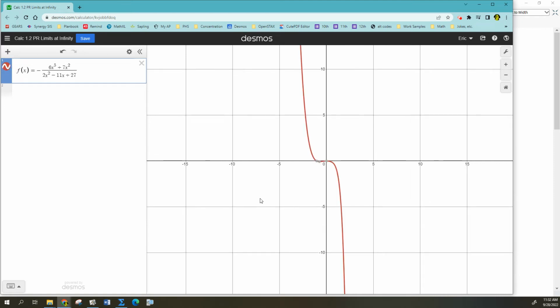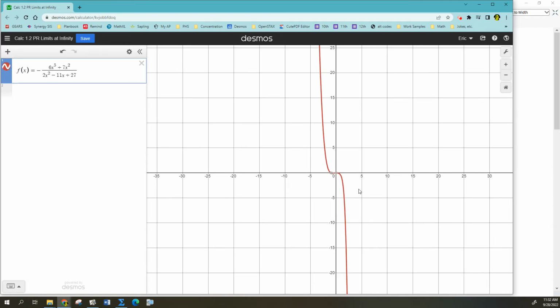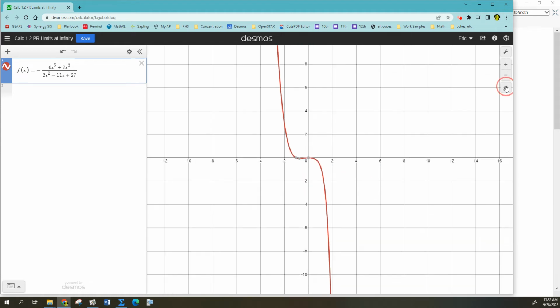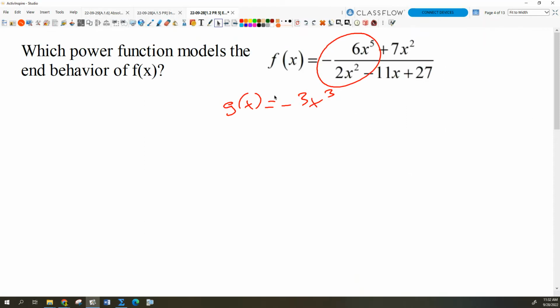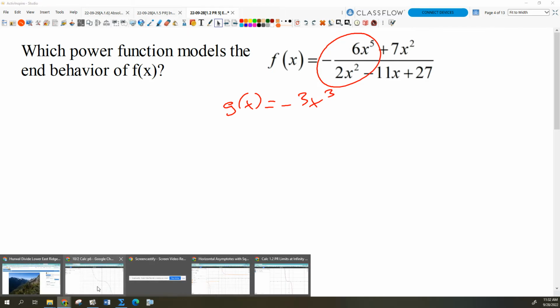So there's the original function. If I zoom in all the way, I get some complicated behavior where it has a minimum there and a maximum there. So there are some little subtleties that g of x is not going to capture, but g of x is negative 3x cubed.